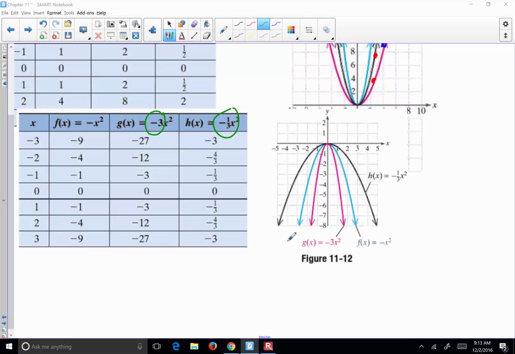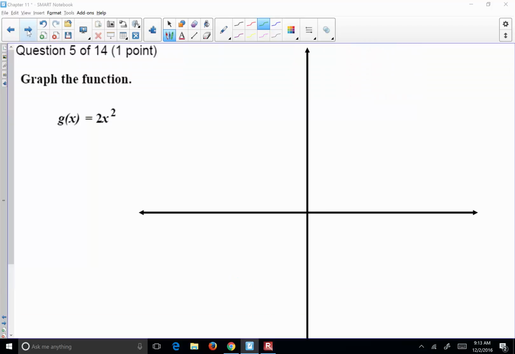It stretches or shrinks for big and small numbers respectively. 3 and 1 over 3. Big, small, but negatives: stretches for -3 and shrinks for -1 over 3 x squared. So this is pretty much the review of what we learned yesterday.